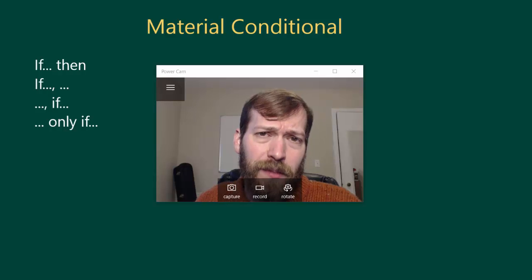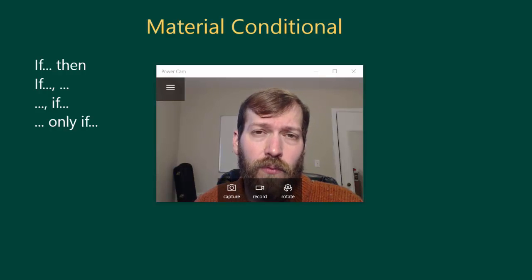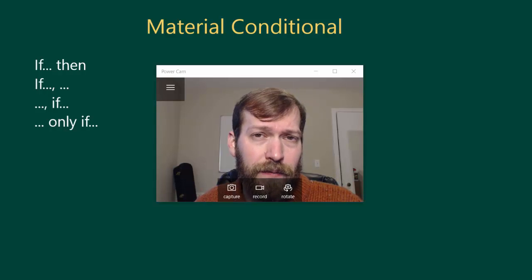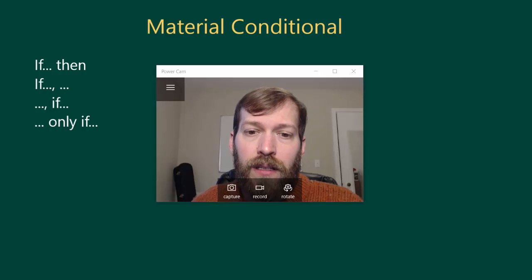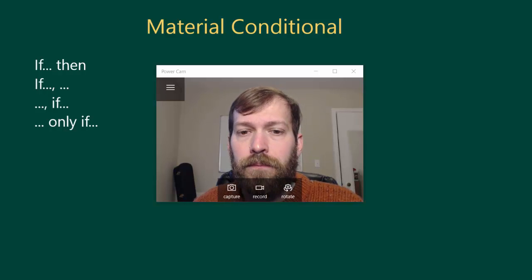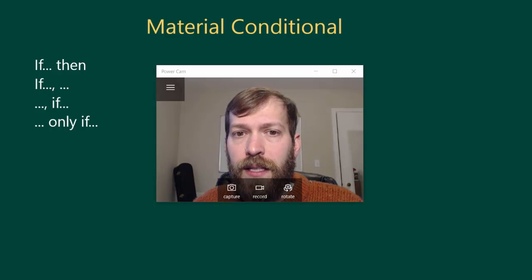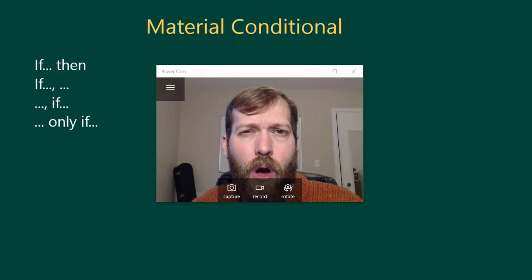Now, the material conditional doesn't fit the English ways in which we use if and then as intuitively as, for instance, conjunction corresponds with the word and in English. So this is a kind of difficulty. The way to think of material conditionals is that it's giving you a law, it's making you a promise.